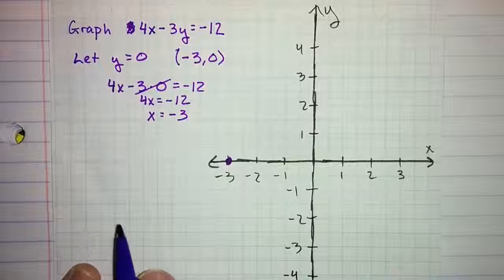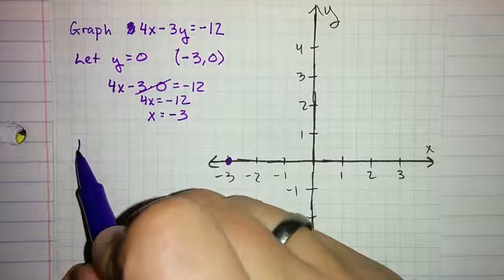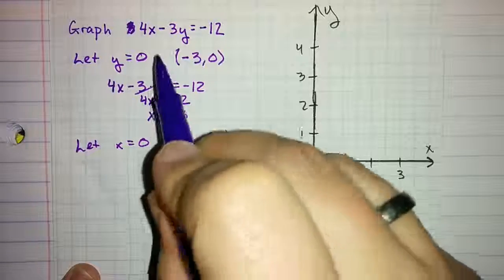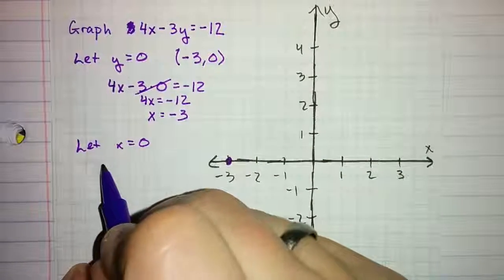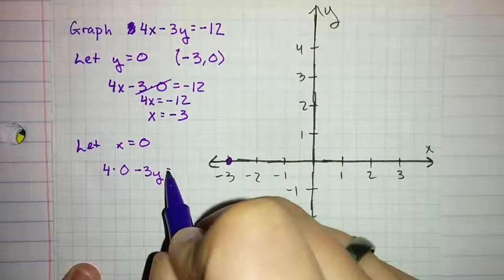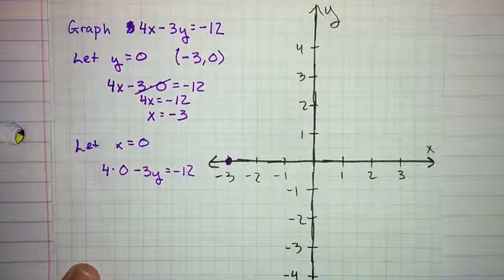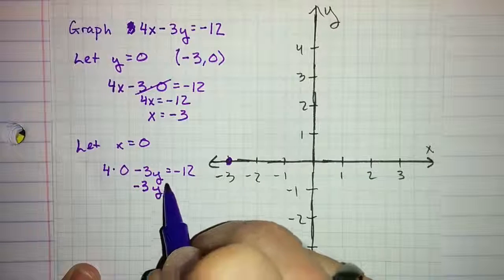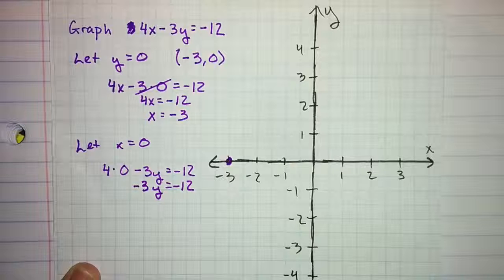And now let's find the y-intercept by letting x be 0. Plugging that in, we'll get 4 times 0 minus 3y is negative 12. So that's just negative 3y is negative 12.